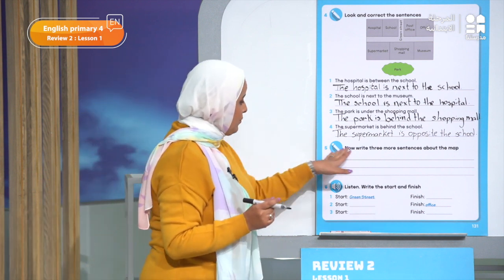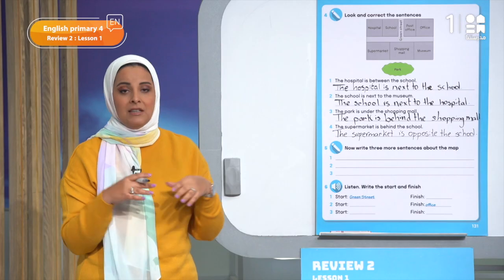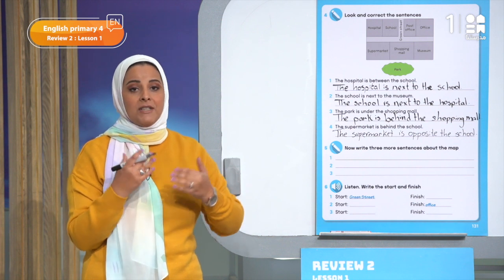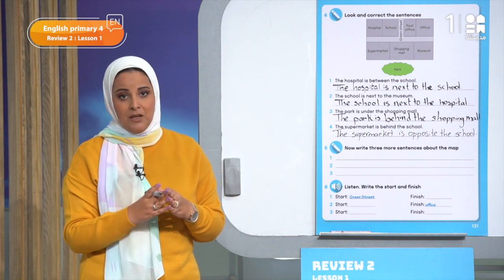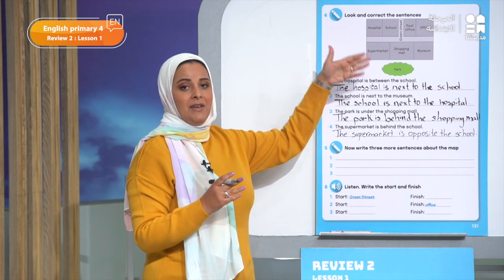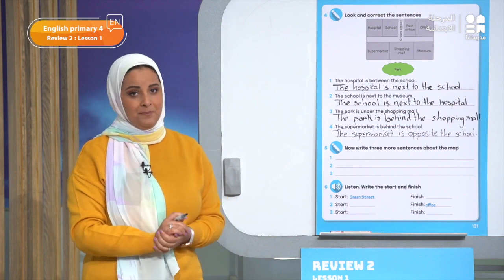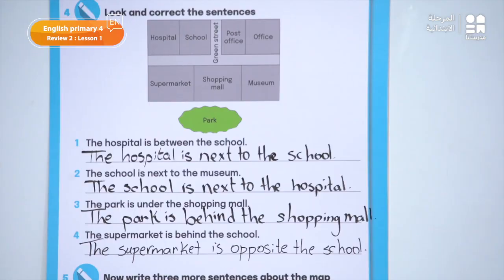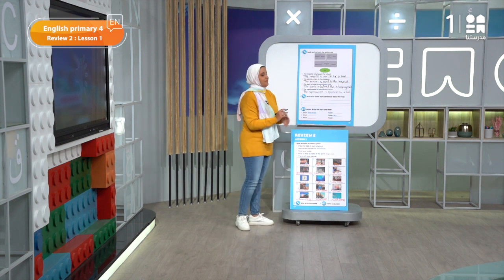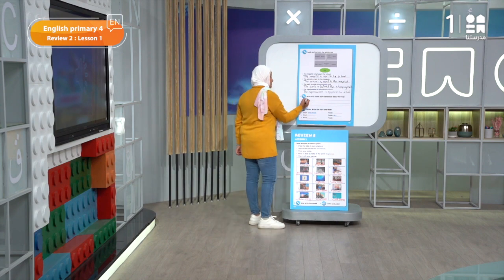Hi. Now write 3 more sentences about the map. So I want you to think, look at the map again, and try to write 3 more sentences about it. Not like these sentences. So try to be creative and make sure that you use the prepositions correctly. So, for example, we can say the office is next to the post office. So let's write it together.